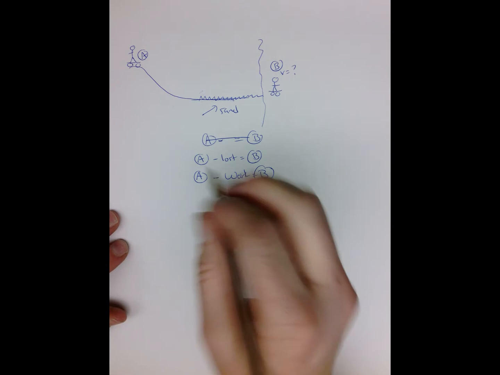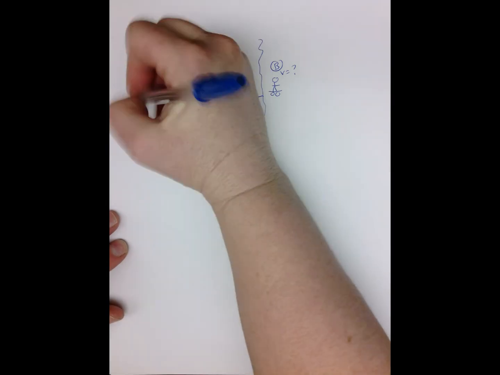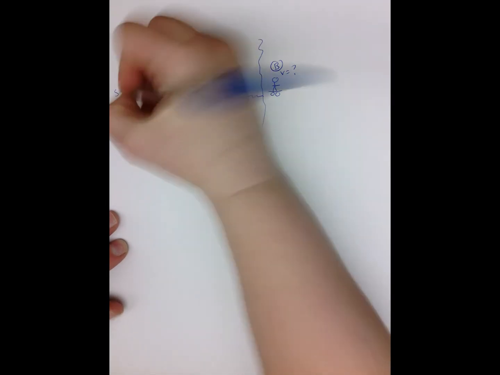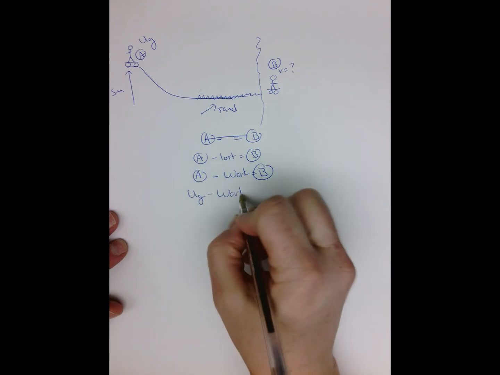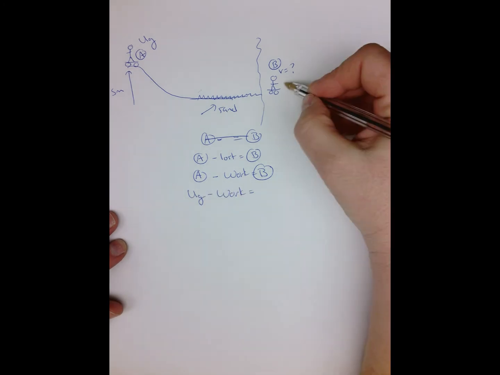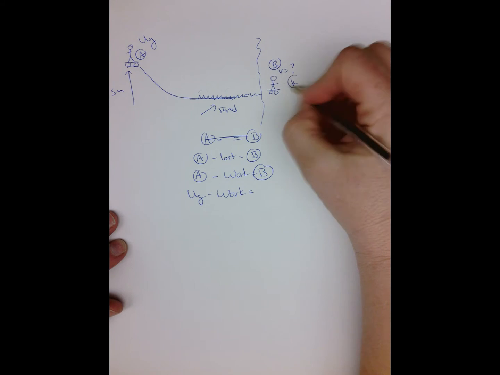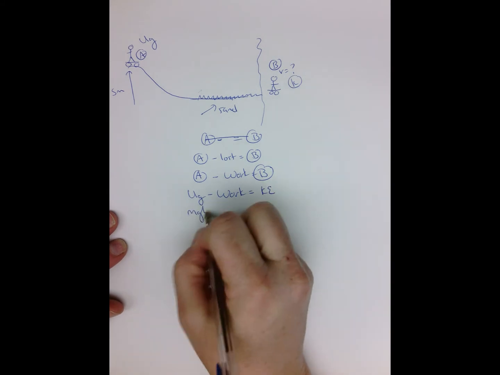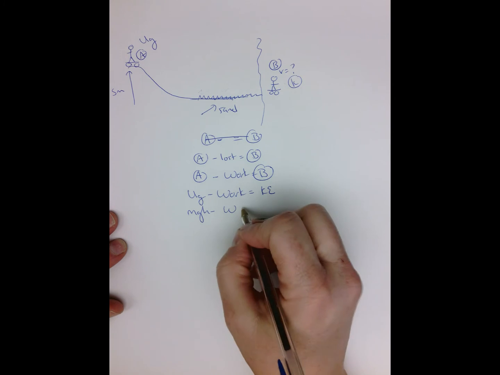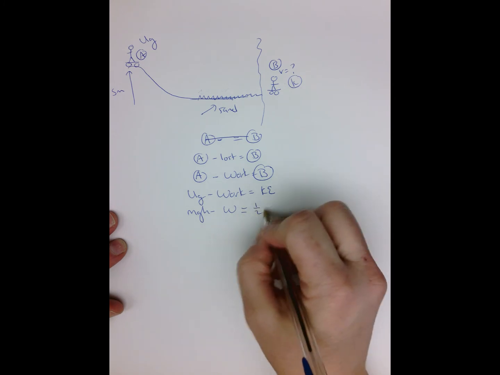So in this case, over at point A, we have potential energy of gravity. We'll say, yeah, we're up 5 meters, minus the work, equals down here, you've got kinetic energy. So mgh minus the work lost to friction equals 1/2 mv squared.